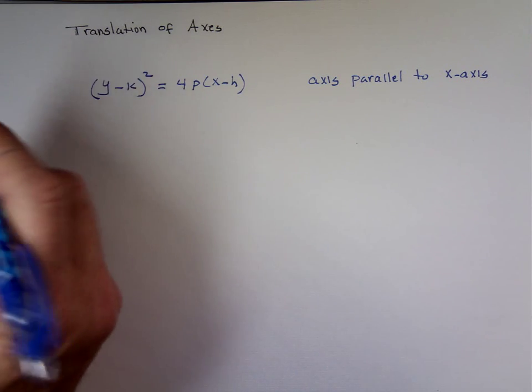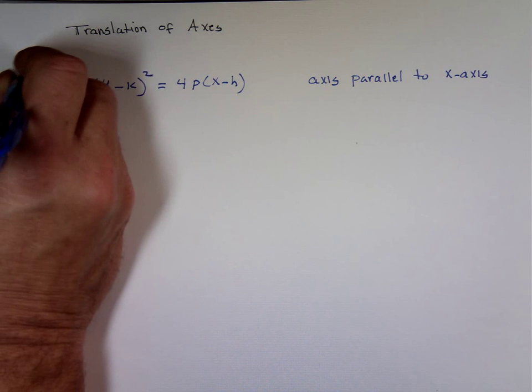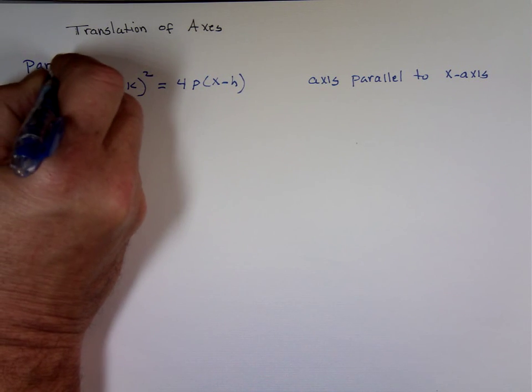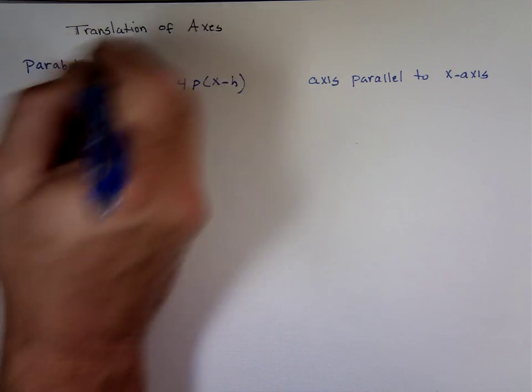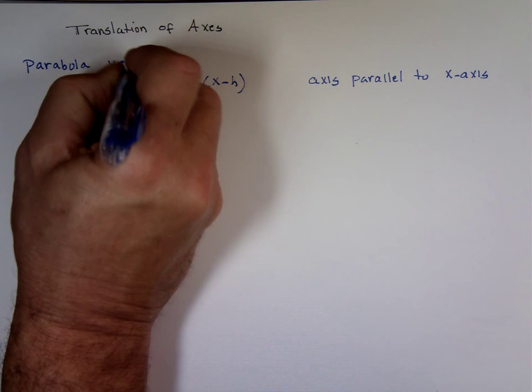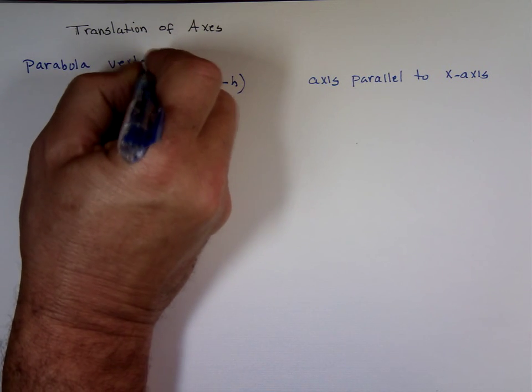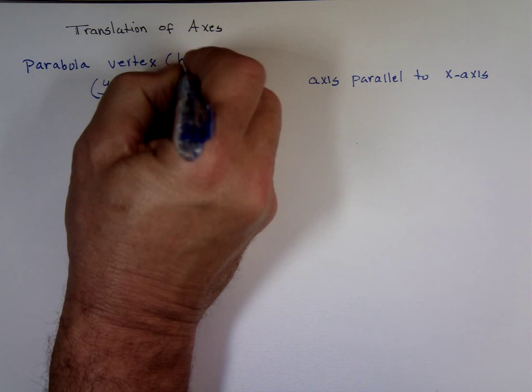So let's talk about a parabola with vertex at (h, k).